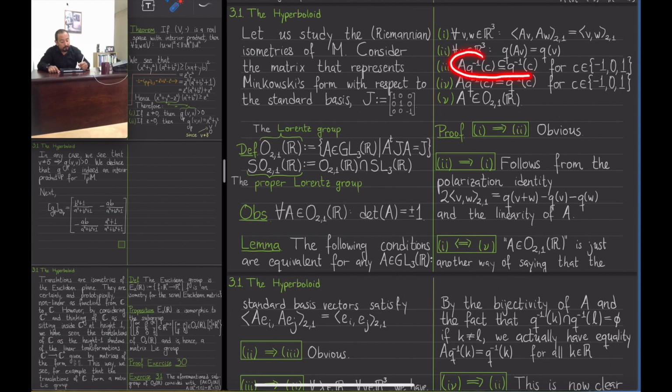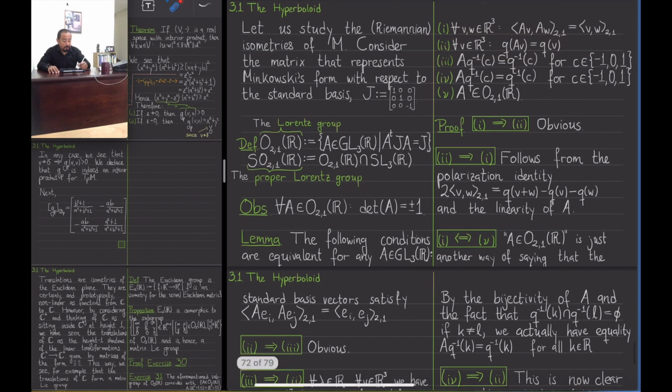So this condition, that A preserves every inverse image, and here I'm not putting bijectively, just sends every pre-image into itself, is kind of a shadow of this condition.